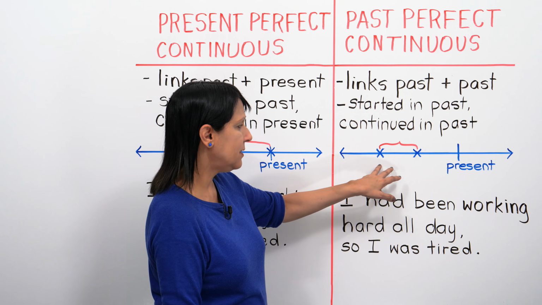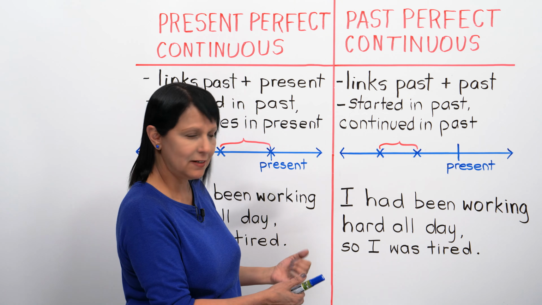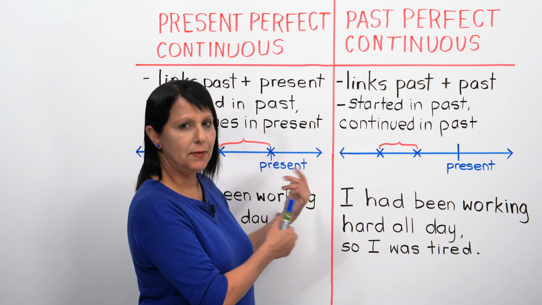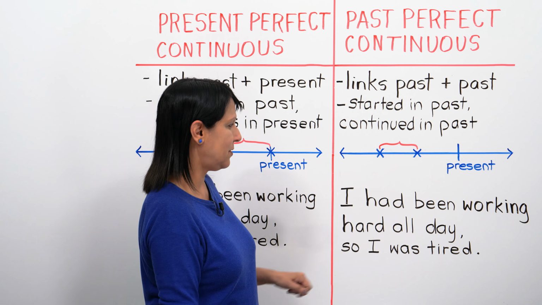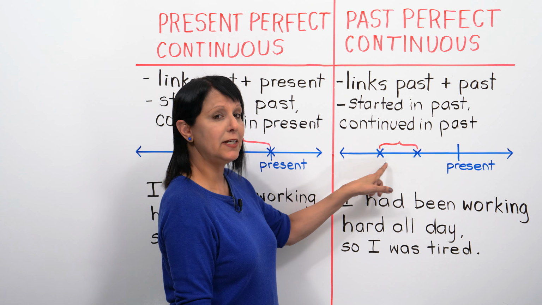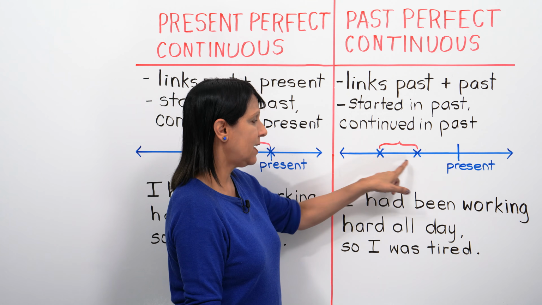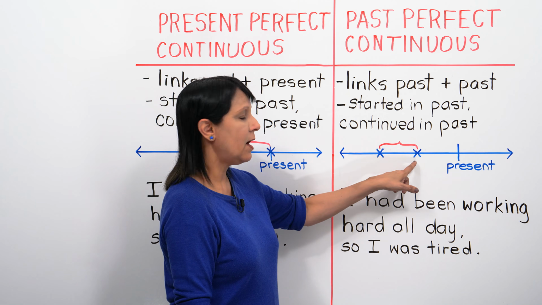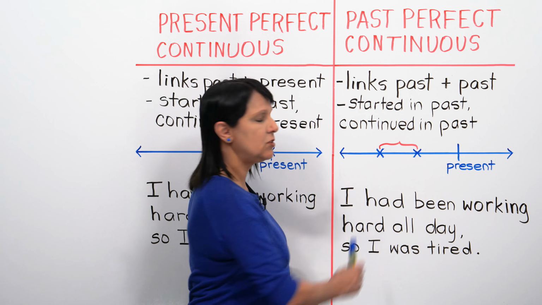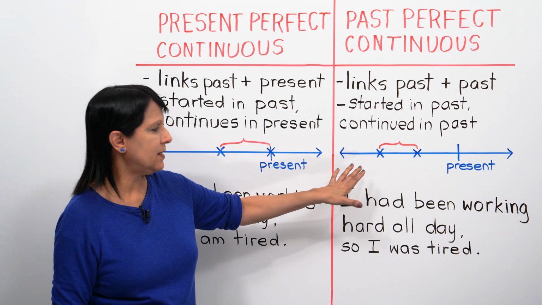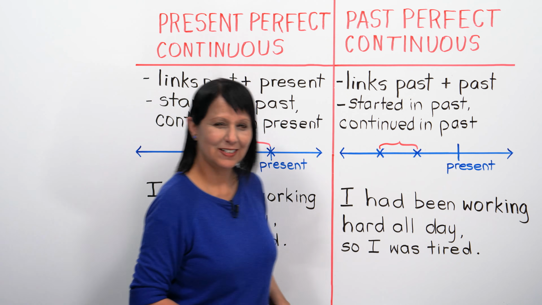Now, I'm telling you that at some point in the past, doesn't matter when, maybe last night, maybe yesterday, maybe last week, maybe last year, doesn't matter, but I had been working hard all day at that time, from this time to this time, and so I was tired, okay?